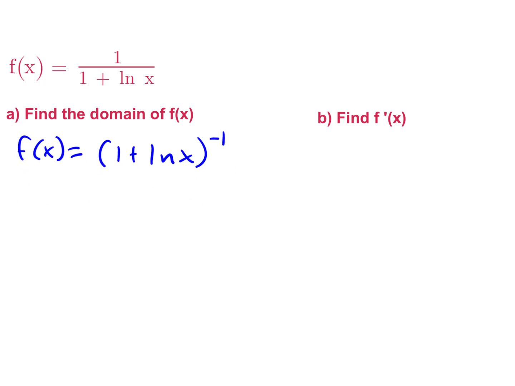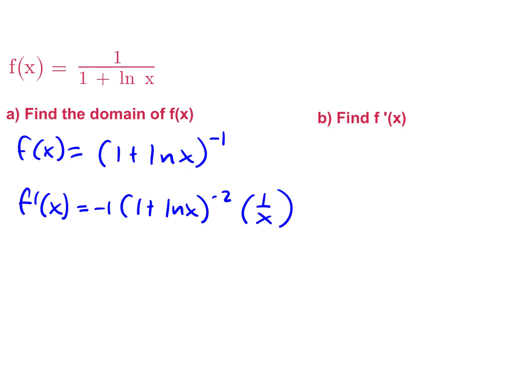All right, so I can just use the power rule here, and then also the chain rule, because I'll have to take the derivative of the inside function. So the first derivative is going to be -1 times 1 plus natural log of x, reduce the power by 1, and then I have to multiply by the derivative of the inside. This is 0, this is 1 over x.